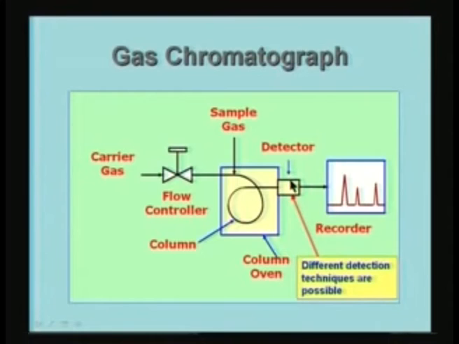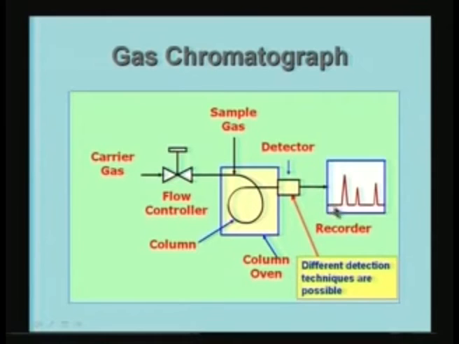So, the detector will now sense the presence of different species, and if you record the species coming out, the lightest gas, then a little heavier gas, and so on and so forth will come here. So, what you are seeing here is a chromatogram. This is called a chromatogram.